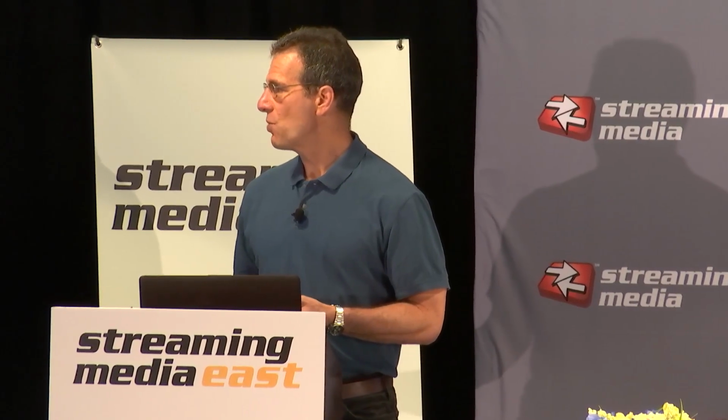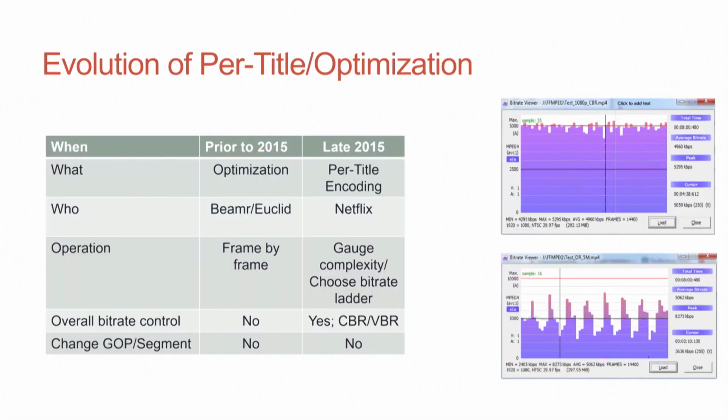So if you want CBR, you can apply CBR. If you want VBR, you can apply VBR. So it's a two-step process: gauge complexity, apply traditional encoding technique. Very different from optimization, which looks at each frame and adjusts the data rate up or down according to scene complexity. Okay? So this is traditional per title optimization.